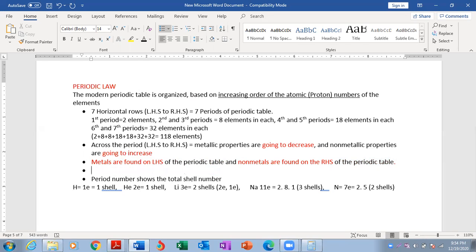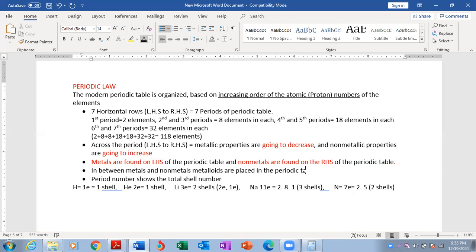The most important thing: in between metals and non-metals, metalloids are found. Okay, this is another piece of information. In between metals and non-metals, metalloids are placed in the periodic table.